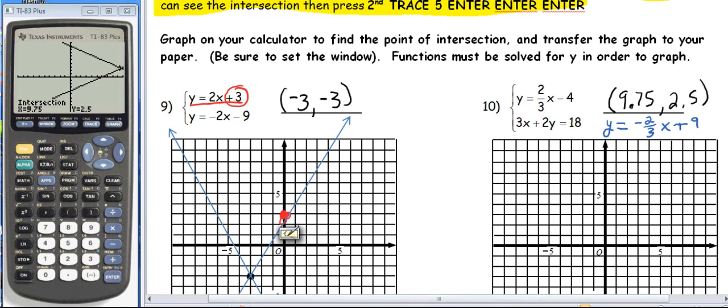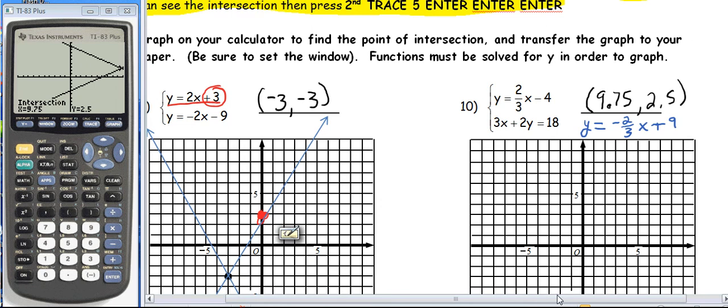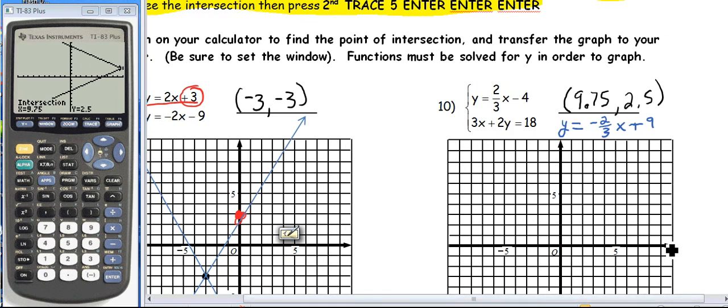And so what we'll do is we will try to now come over here, 9.75, 2.5. That would give us a point roughly right there. My first equation crosses the y-axis at -4. So I can come down here, -1, -2, -3, -4. Okay.